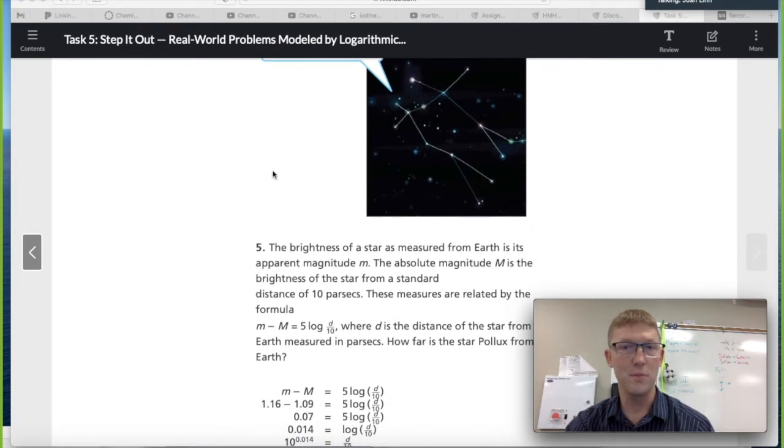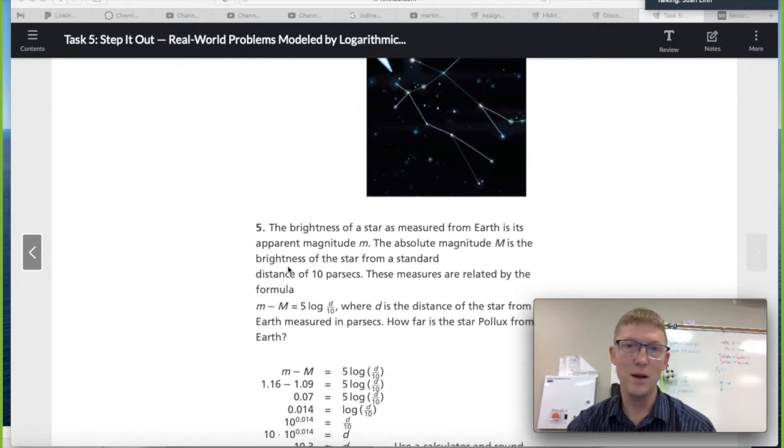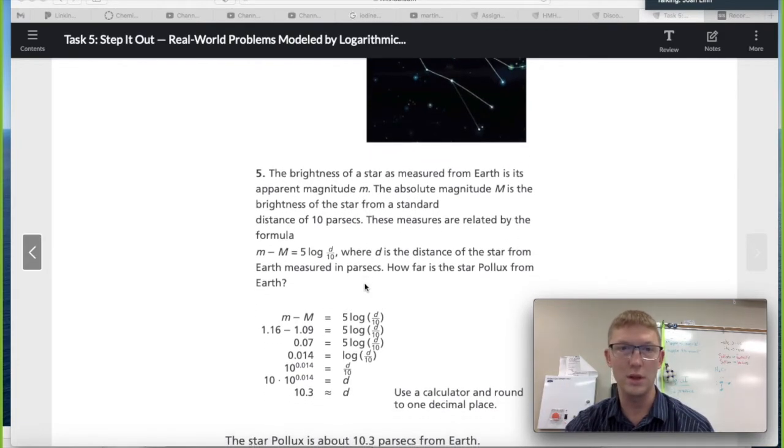The absolute magnitude, capital M, is the brightness of a star from a standard distance of 10 parsecs. These measures are related by the formula little m minus big M equals 5 log d over 10, where d is the distance of the star from the Earth measured in parsecs. How far is Pollux from Earth?